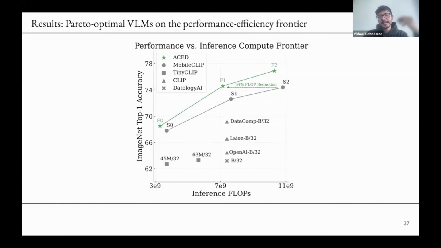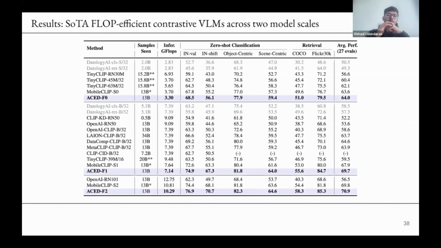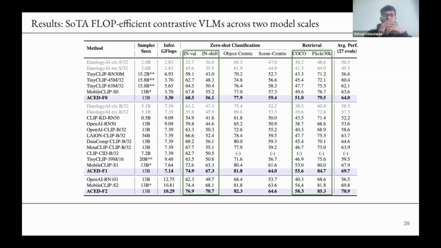We do this across 3 different sizes, F0, F1, and F2. And essentially, this large table is just to show that on most of the tasks people care about, including ImageNet classification, COCO and Flickr retrieval, as well as on average across 27 different tasks, our methods beat the current state of the art quite comprehensively.